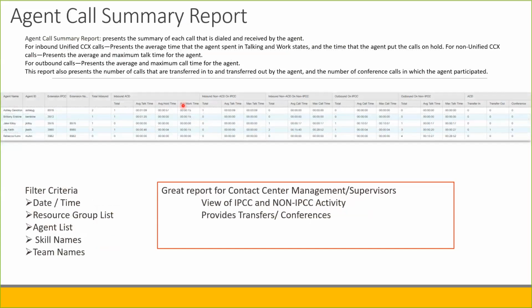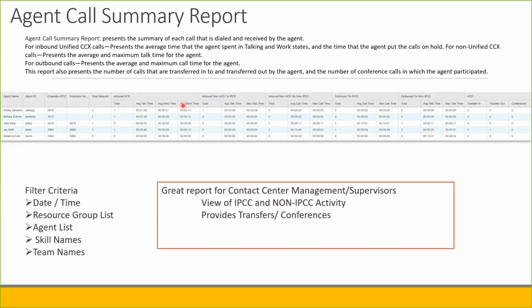The next report that we're going to be talking about is one of my favorites, and I get a lot of questions on it, which is why I chose to put it in today's presentation, because it has a lot of acronyms. We all know that there are a lot of different acronyms in the Cisco world, and really any world, right? It's what do these acronyms mean?